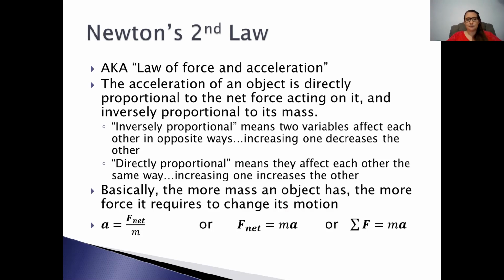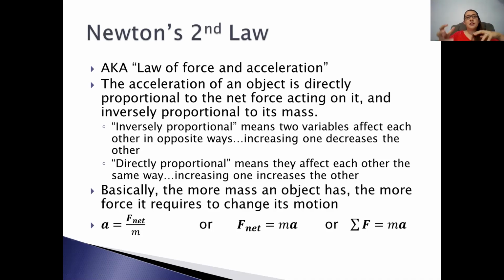Change the motion. So the ways that we'll see this written are either acceleration equals net force over mass, or you might see F equals ma, net force equals mass times acceleration, or the sum of the forces equals mass times acceleration. When we see it written with the sum of the forces, we have to be careful to remember that forces are vectors and the direction matters, right?